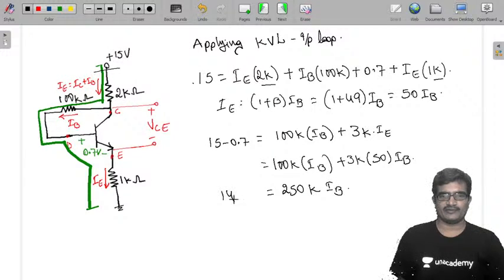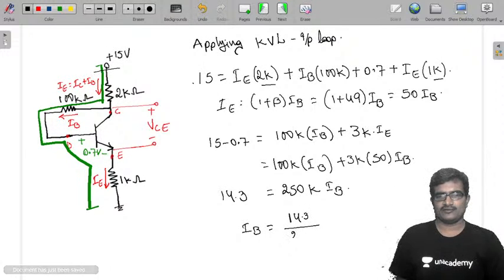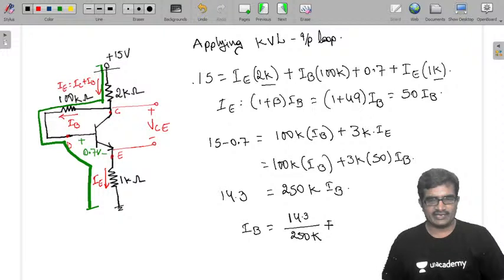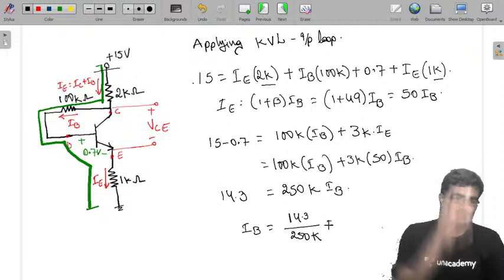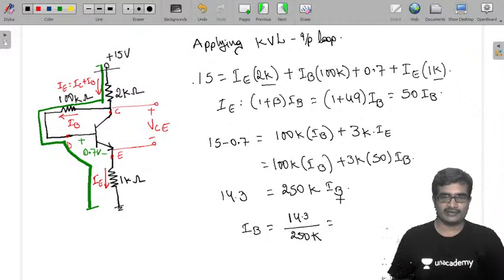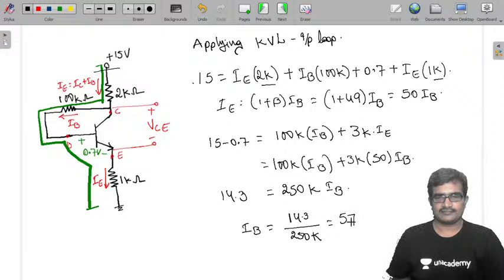So that is 14.3 volts. Now IB is 14.3 by 250k, which equals 57.2 microamperes. That is the IB value.